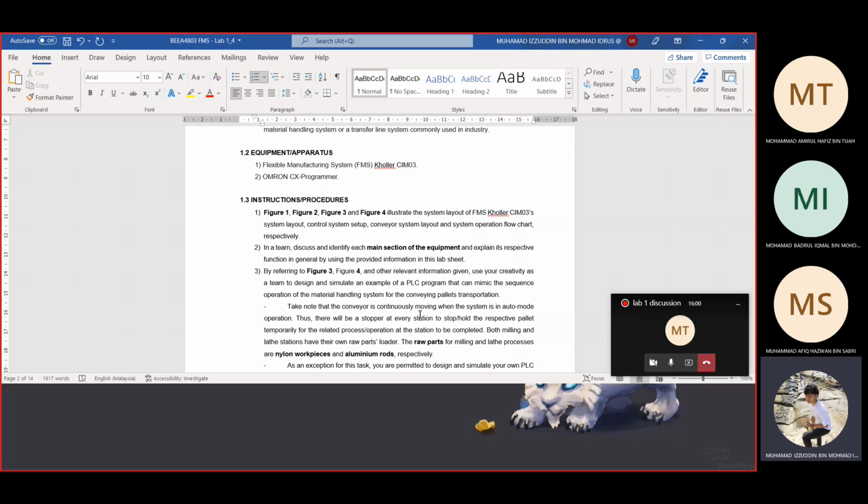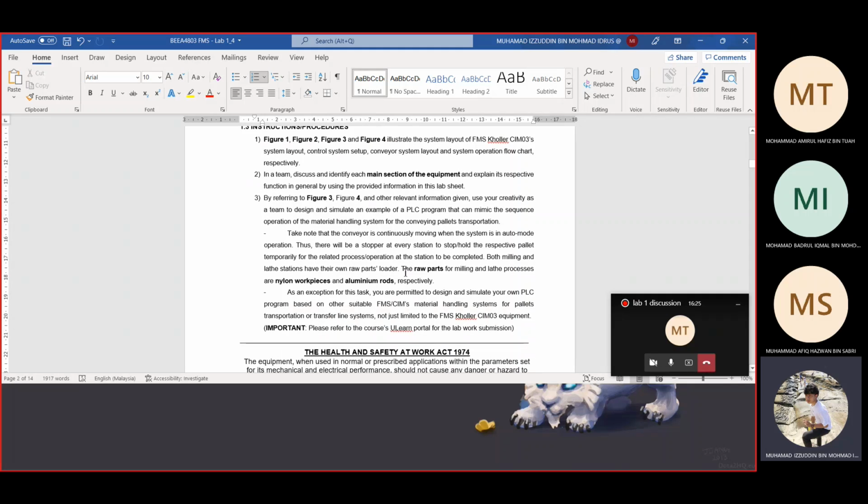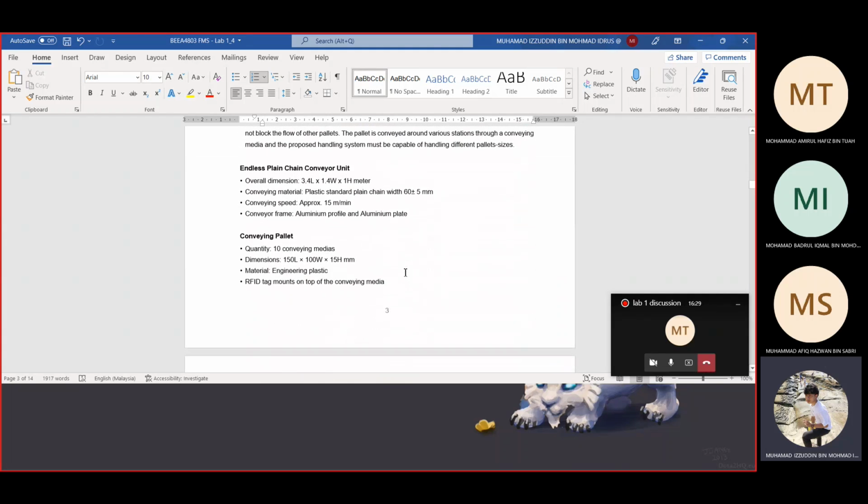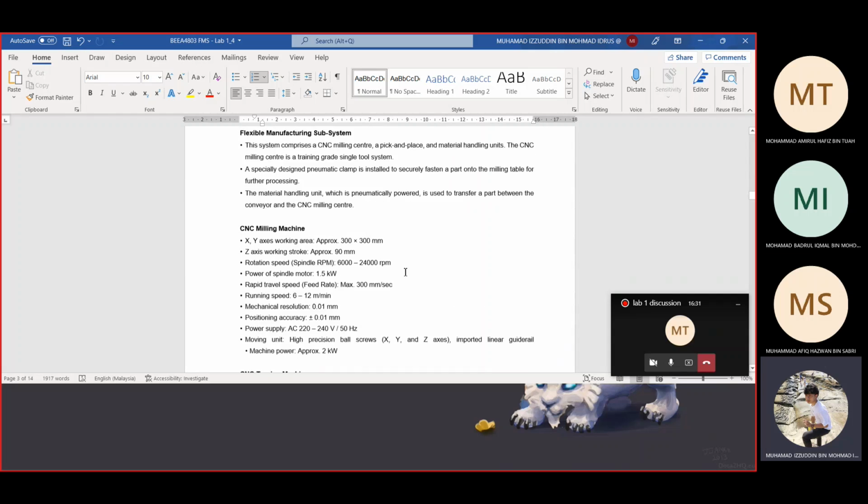The first one is to identify the main components or equipment of the F.M.S. Kholler CIM03. And then the second instruction is to form a simulation using CX Programmer about the F.M.S. Kholler CIM03.